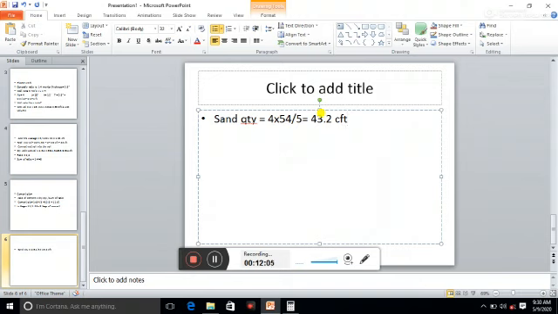43.2 cubic feet. So it's less than Senkla. So in Wilboro, it will be equal to 43.2 divided by 2.5.